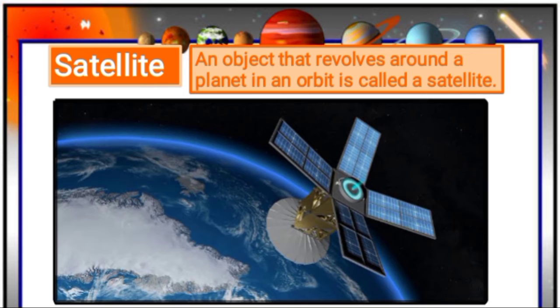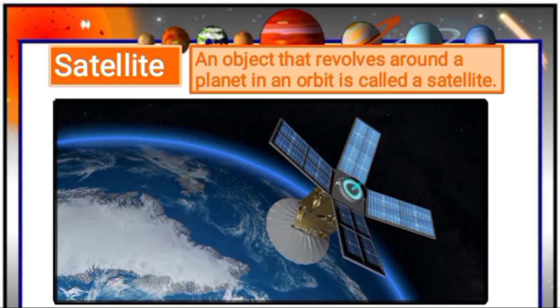All the planets in the solar system except Mercury and Venus have natural satellites. Like Earth's Moon is one example of a natural satellite. Artificial satellites are sent into space to gather information, and most are launched into space by rocket.